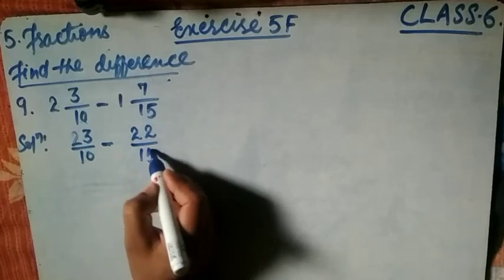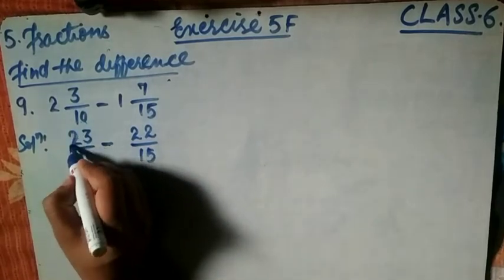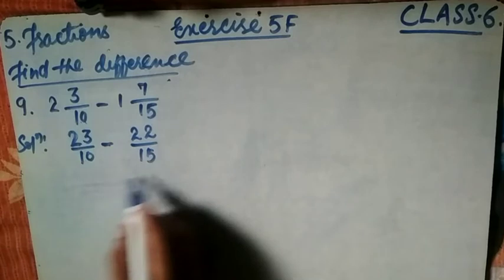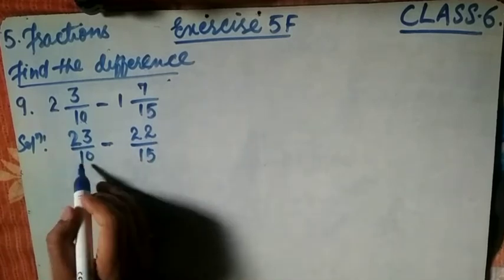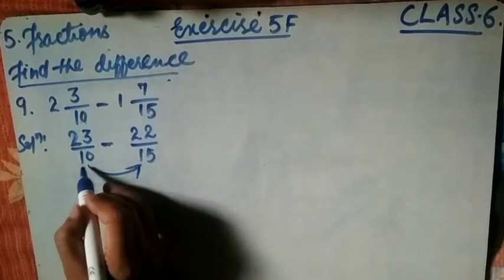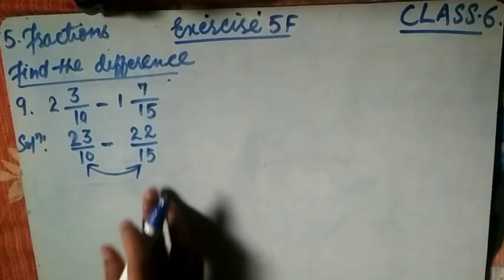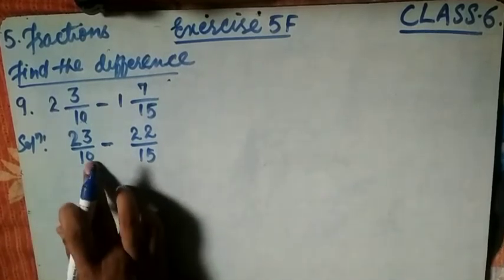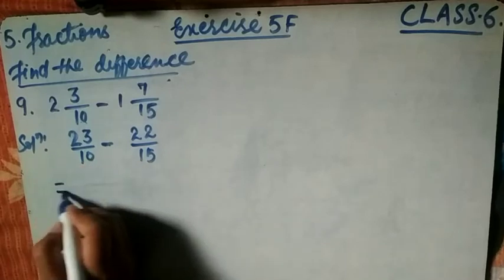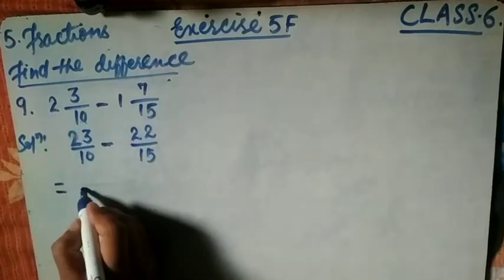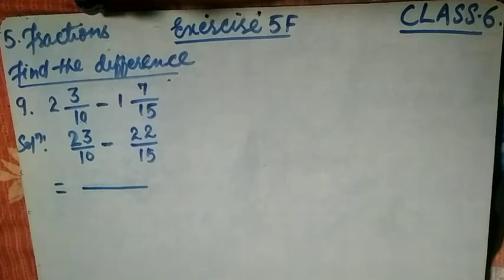Now see, friends, this became unlike fractions. Why unlike fractions? Because of different denominators. Fractions having different denominators are known as unlike fractions. Now in order to find the value of these unlike fractions, first draw the line.